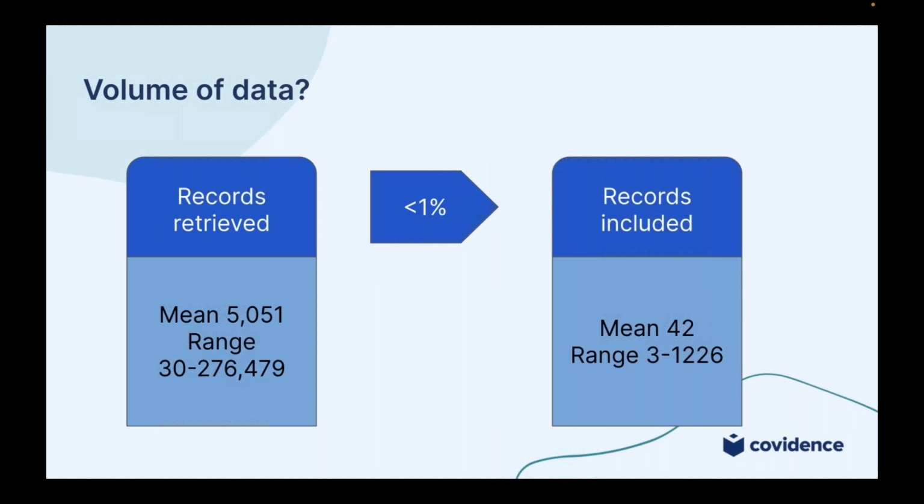And of the records being imported, we estimate that less than 1% are actually included in the final review. So this reflects a huge amount of work and time needed for screening and deduplication. And as trends in publication volume increase, then potentially so will the time required for these tasks, especially if they're being performed manually.